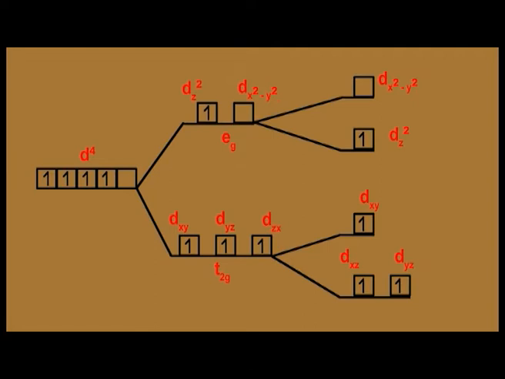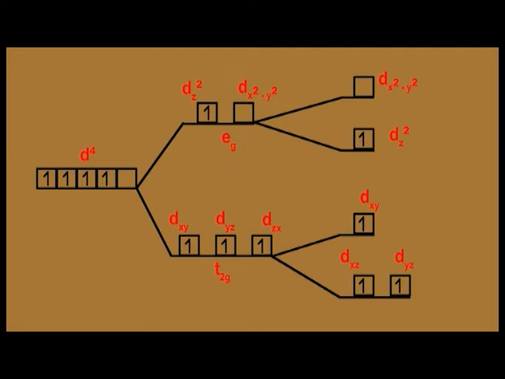Similarly, Eg orbitals split into two parts. Dz square will be repelled less compared to dx square minus y square orbital. Crystal field splitting pattern for John-Taylor elongation of D4 configuration of high spin octahedral arrangement is shown here on your screen. So, the ligands coming from z direction are farthest and therefore energy of dz square orbital is less.